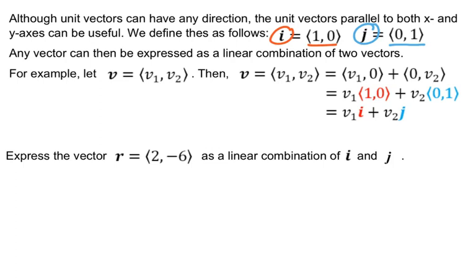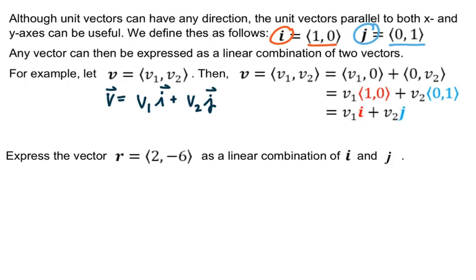So we can take this vector and rewrite it in a different form: v sub 1 i plus v sub 2 j. i and j are both unit vectors.